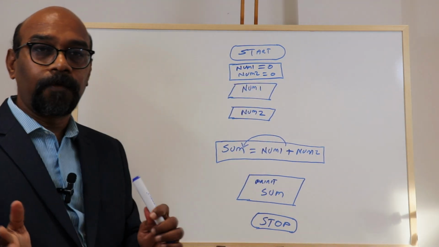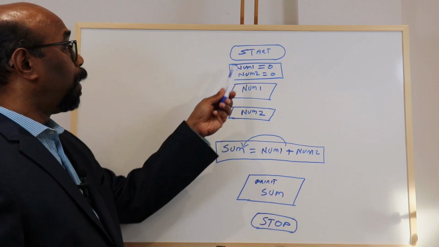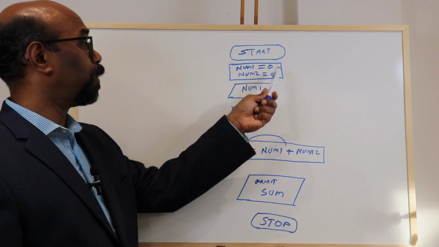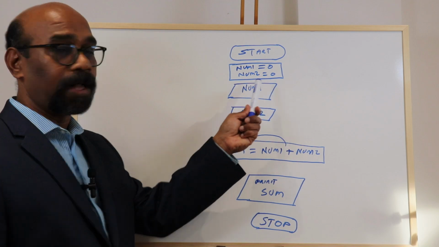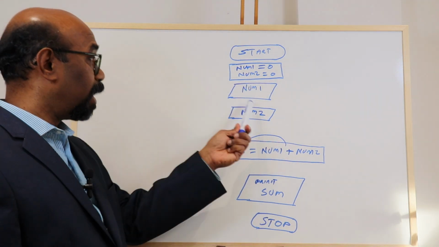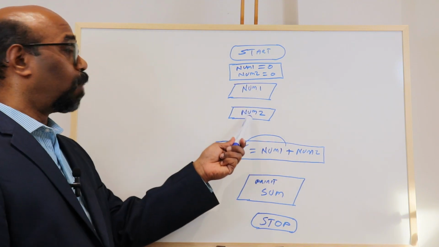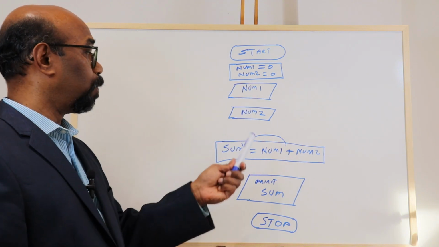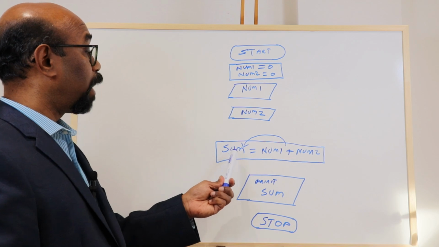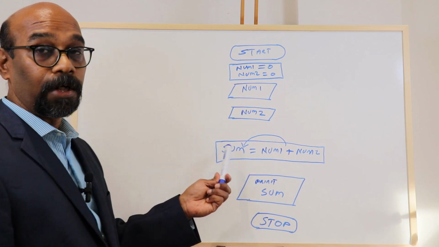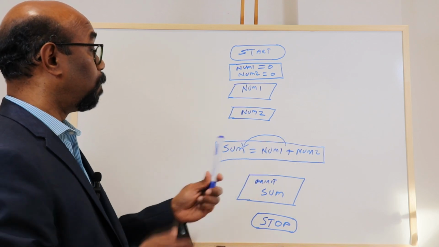Initially, there is no value for number 1, number 2. Therefore, you are indicating number 1 equal to 0, number 2 equal to 0. That is the initial value. And then you ask the user, what is number 1? Give me the input. What is number 2? Give me the input, number 2. Now, another variable we have here, which we have used for the calculation, sum.